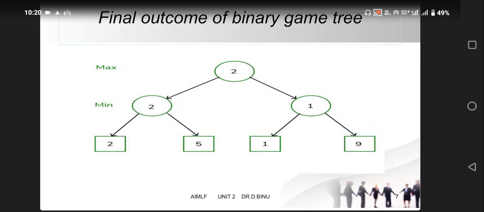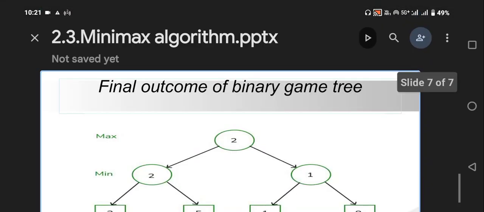That is, the two minimum values are 2, 1. Now we have to calculate the maximum among the two. So we know that the maximum of 2, 1 is 2. So we have to represent 2 in the root node. Thank you.